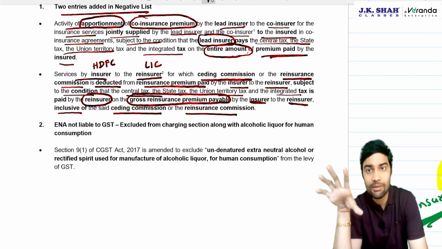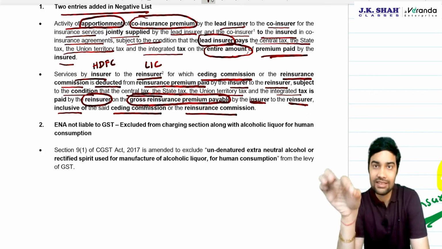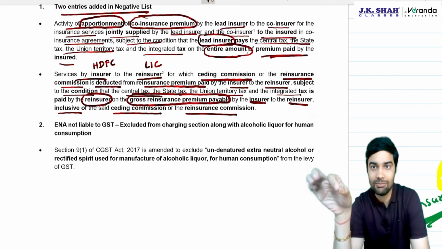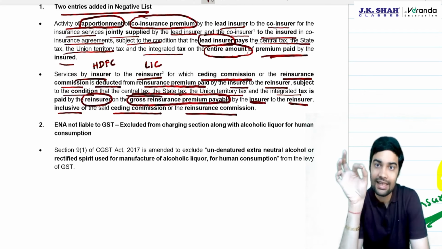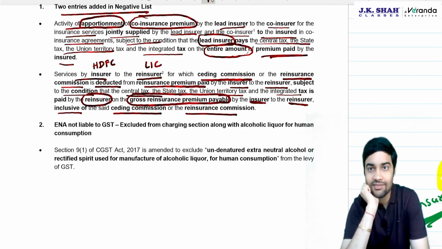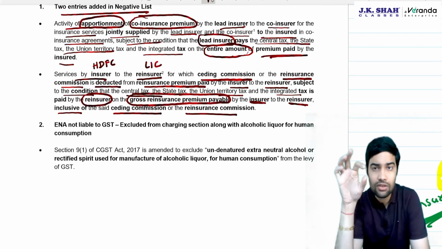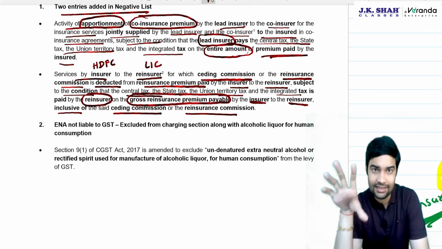What will not be liable is the insurance or ceding commission, provided full GST is paid on the entire amount. Be very careful on the entry.